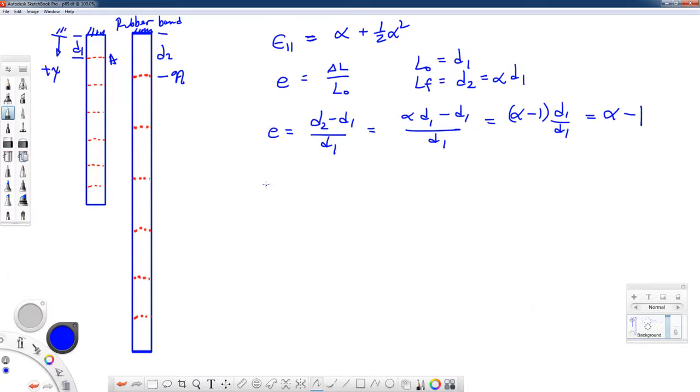All right, so for example, again, if alpha is equal to some very small amount of number above 1, okay, then epsilon 1, 1 is pretty much equal to alpha, and here our engineering strain would be equal to this alpha minus 1 term.